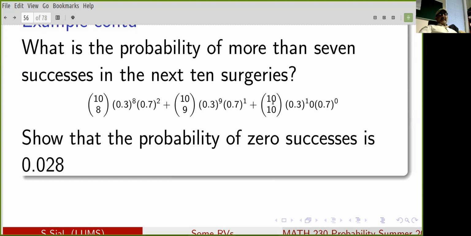Then for 10 choose 10, it's 0.3 to the 10, a superscript 10 here, times 0.7 to the 0. Whatever that works out to be. As an exercise, you should show that the probability of 0 successes is 0.0028.